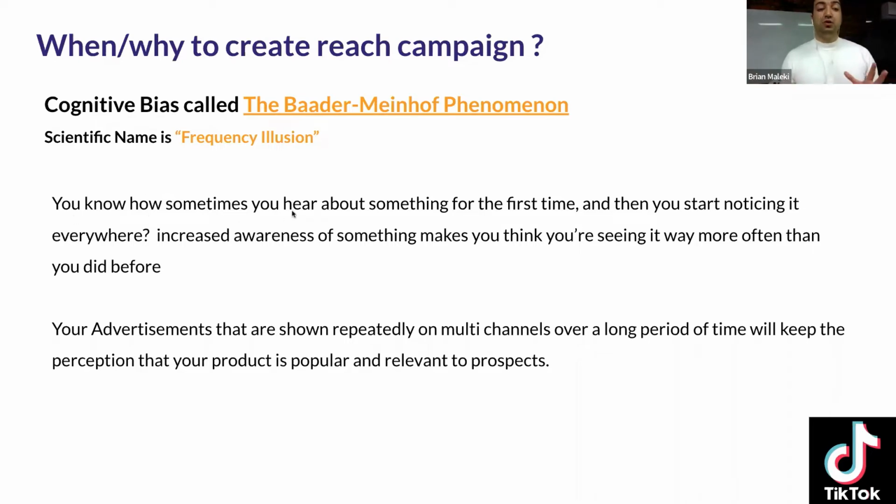How sometimes you hear about something for the first time, then you start noticing it everywhere. Increased awareness of something makes you think you are seeing it way more often than you did before. Your advertisements that are shown repeatedly on multiple channels over a long period of time will keep the perception that your product is popular and relevant to prospects.